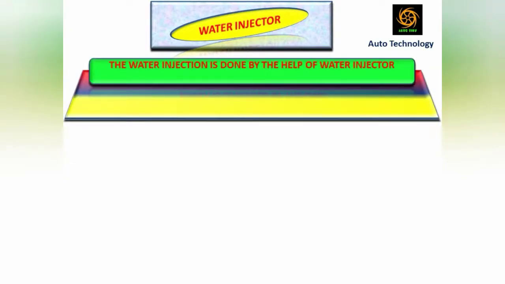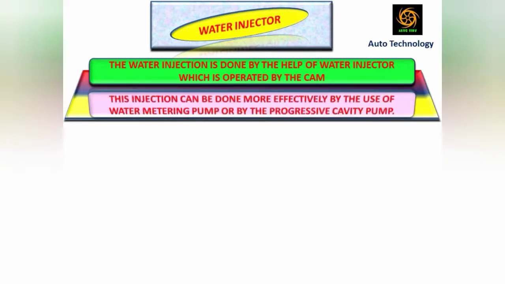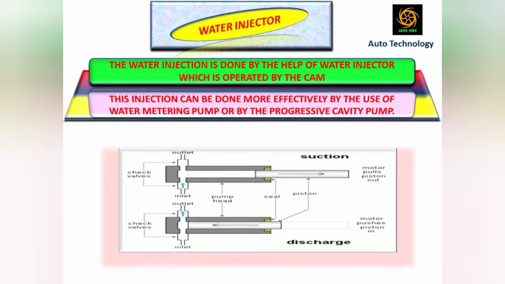The water injector is the new part of the six-stroke engine. The water injection is done with the help of the water injector which is operated by the cam. This injection can be done more effectively by the use of a water metering pump or a progressive cavity pump. This is the water metering pump. This pump has 2 steps.